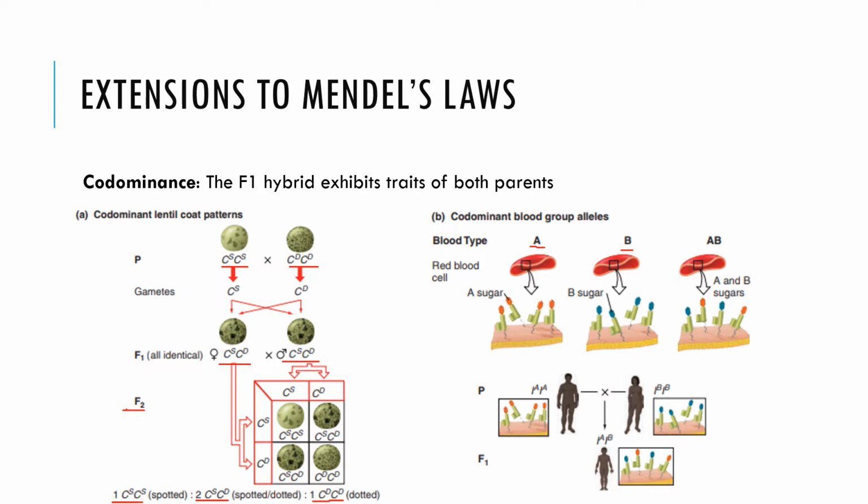In heterozygous individuals, the red blood cells carry both of these sugars on their surface, whereas the cells of homozygous individuals display the products of either A or B alone.